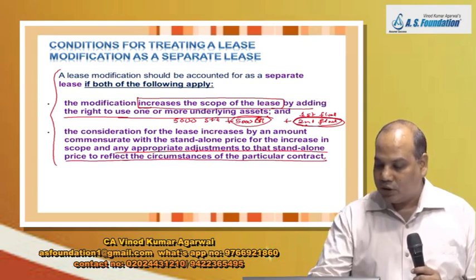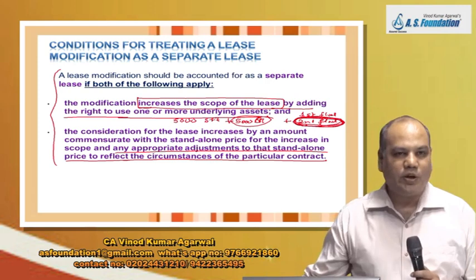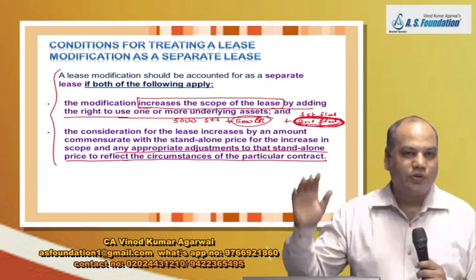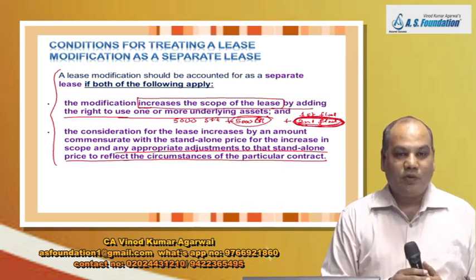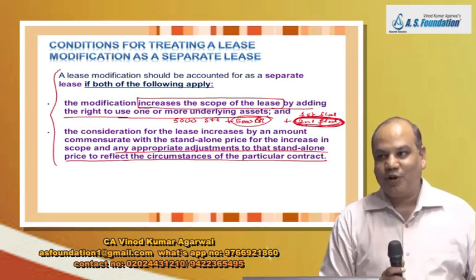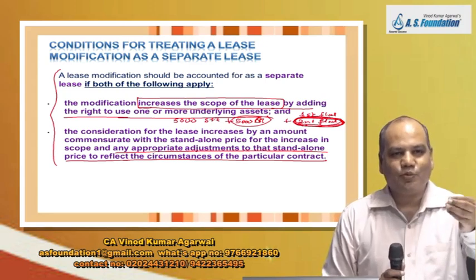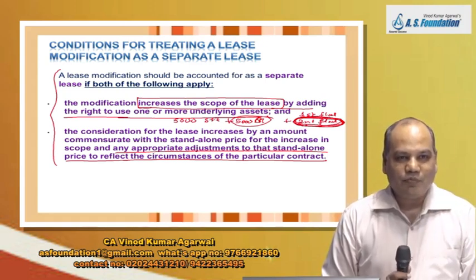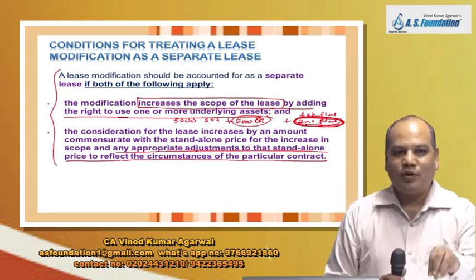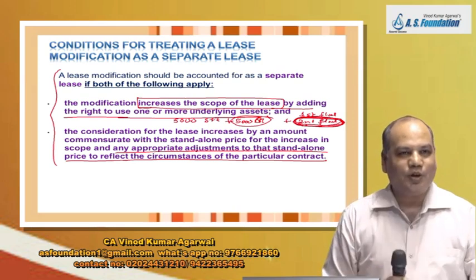Now the lessor thinks, if I give it on rent to somebody else, I will earn 50,000 rupees. But then I will have to find a broker, I have to give an advertisement. So I have to incur some expenses, let's say 2,000 rupees. So why not give this 2,000 rupees discount to this existing lessee only and enter into a deal with him?